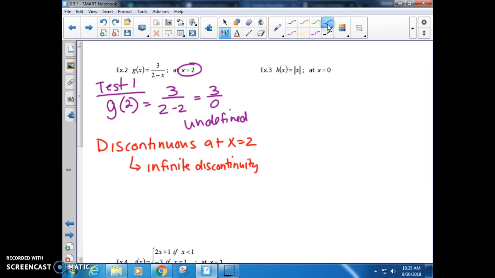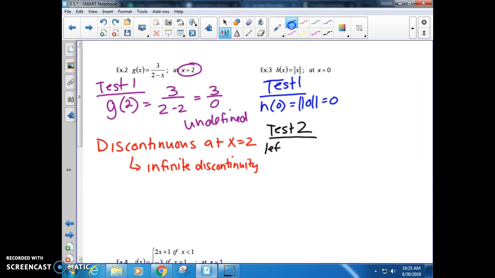Alright, example 3. So test 1 is making sure that h is defined at 0. So remember, this is the greatest integer function. So the greatest integer of 0 that is less than or equal to is 0. So that's test 1. It is defined, so we can go ahead and move on to test 2.